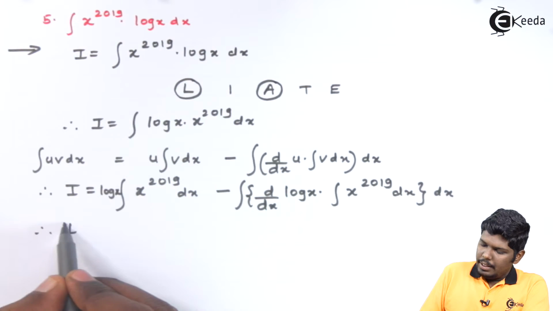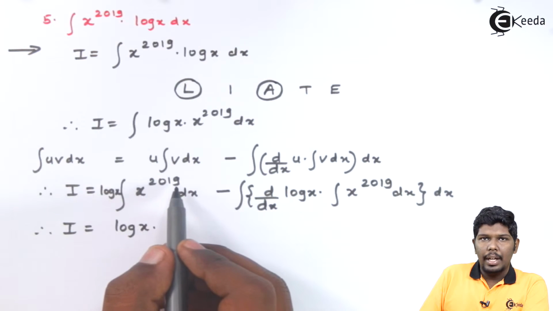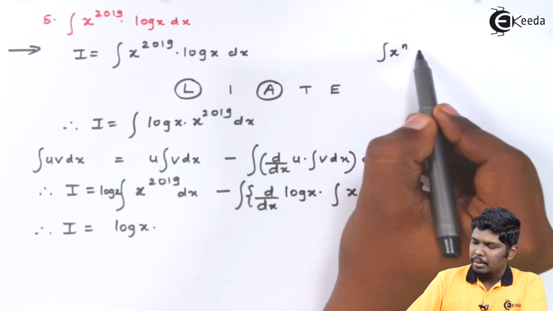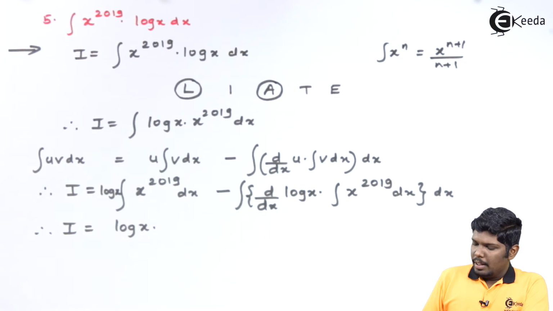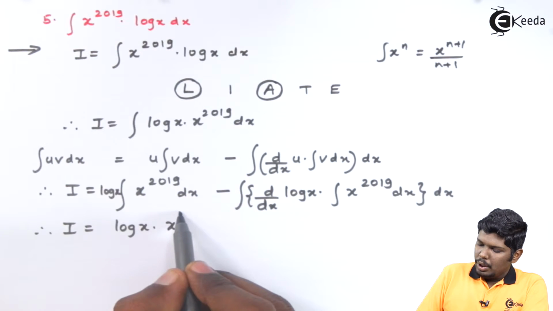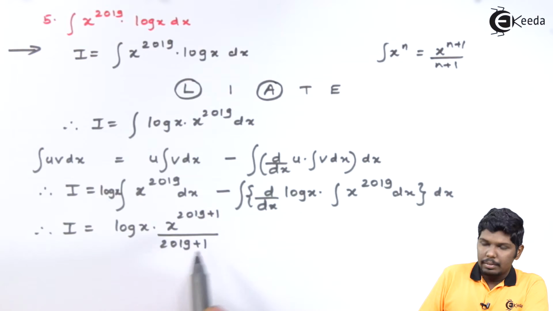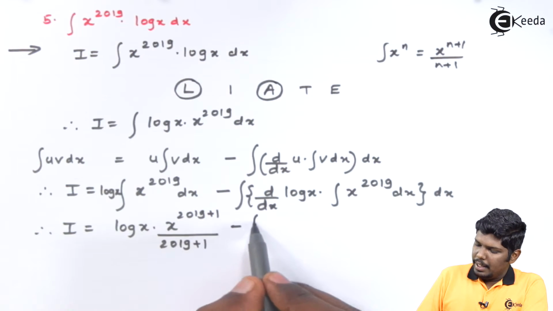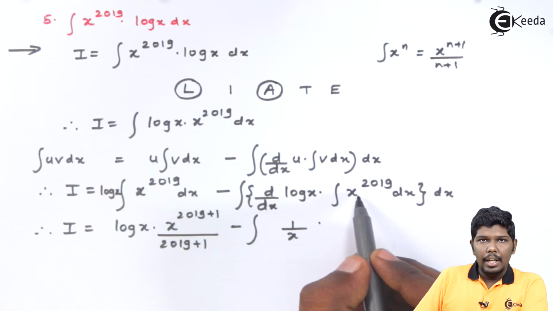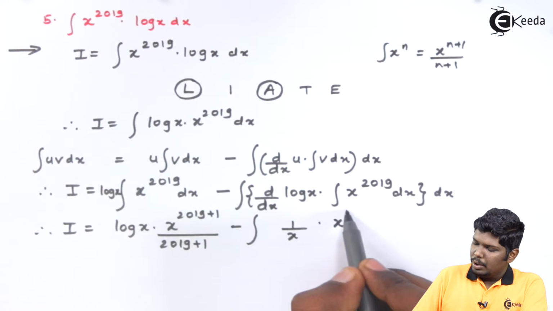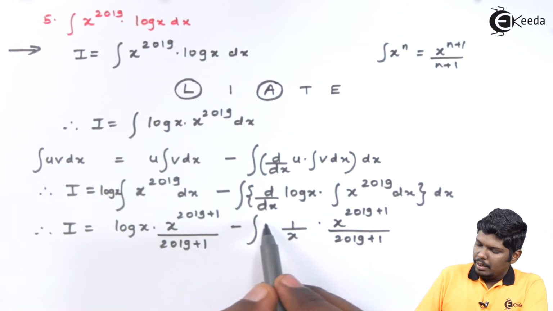Next step, I is equal to log x. Now to find integration of x raised to 2019, we will use the formula integral x raised to n, which gives x raised to n plus 1 upon n plus 1. Therefore here we have x raised to 2019 plus 1 upon 2019 plus 1 minus integral of derivative of log x, which is 1 by x, into again integration of x raised to 2019, that will give you x raised to 2019 plus 1 upon 2019 plus 1 dx.